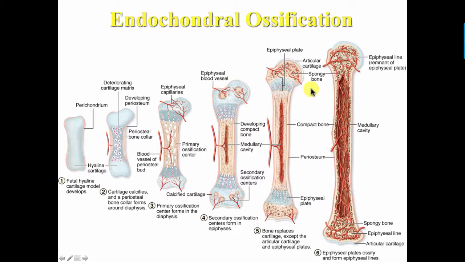And of course, there has to be constant remodeling at this area here, the metaphysis, in order to maintain the shape, the structure of this long bone at both ends.